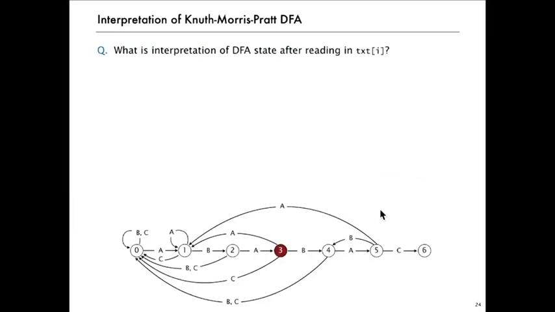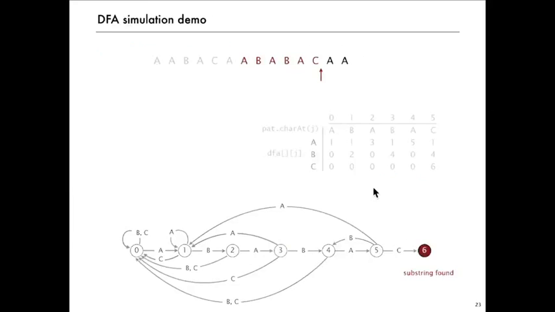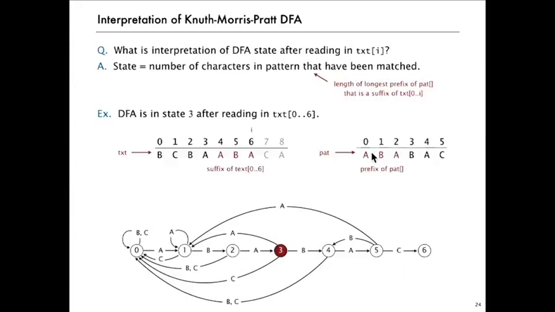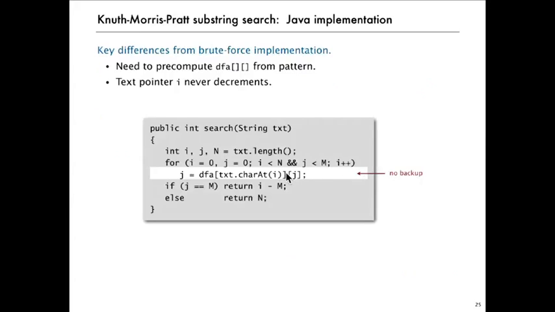So let's go back to the table to be sure about that. When we're in a particular state, like 2, and we see an A, so this would be j, we refer to that column and whatever text character we happen to see, that's how we update j. So that's what this code does.